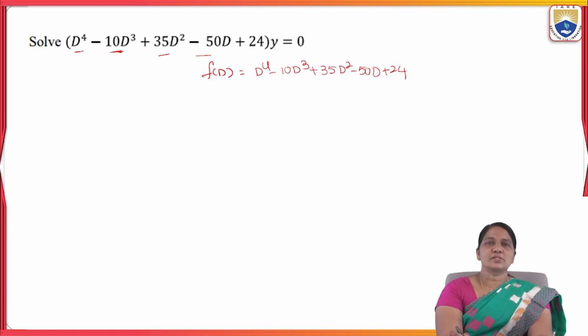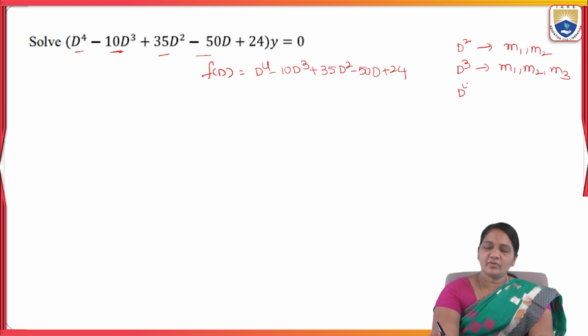So, based on this, before we calculated, for the d square, we are getting two roots, m1 comma m2. We having d cube, we are getting three roots here, m1 comma m2 comma m3. Like this here we are having the highest power d power 4.